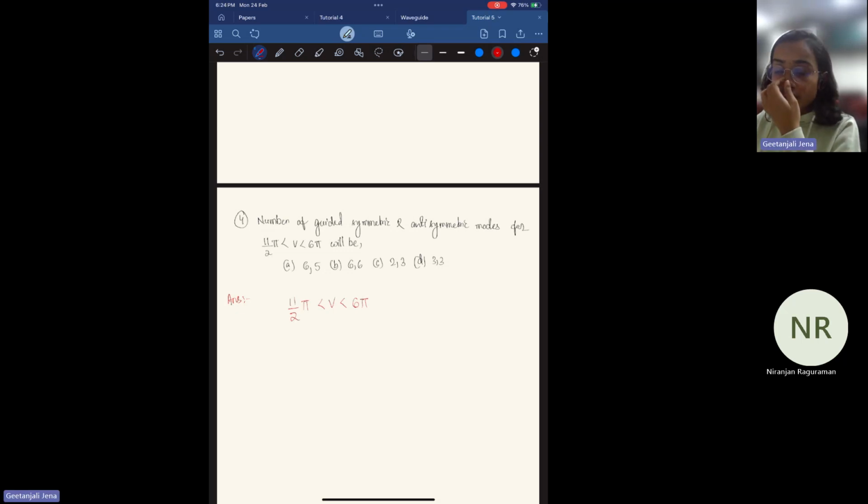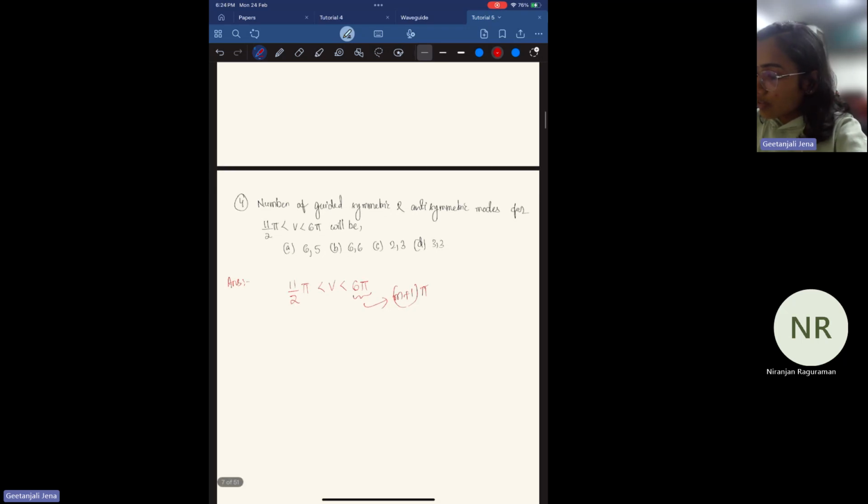If the question says this, then here you don't know the value of V. Here you can see this is 6 pi, which you can write as m plus 1 pi, right? You can't write 6 pi as m plus half pi. So that is why you write it as m plus 1 pi. So that means m here is 5.